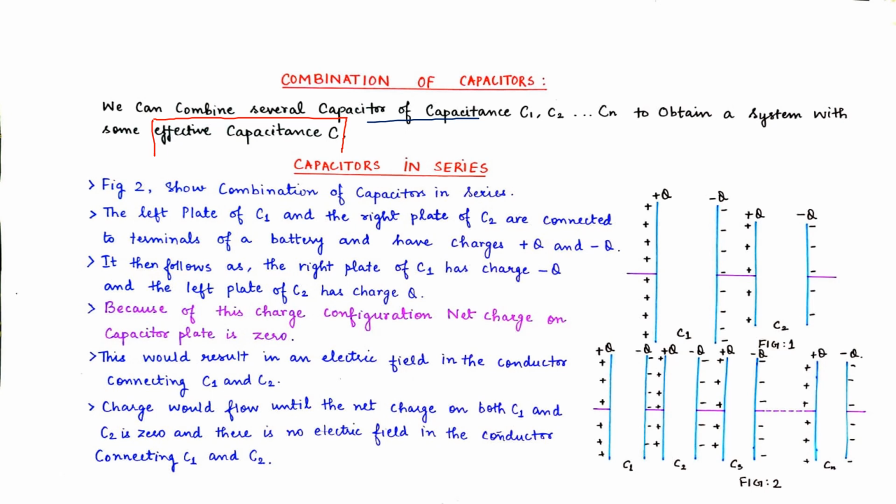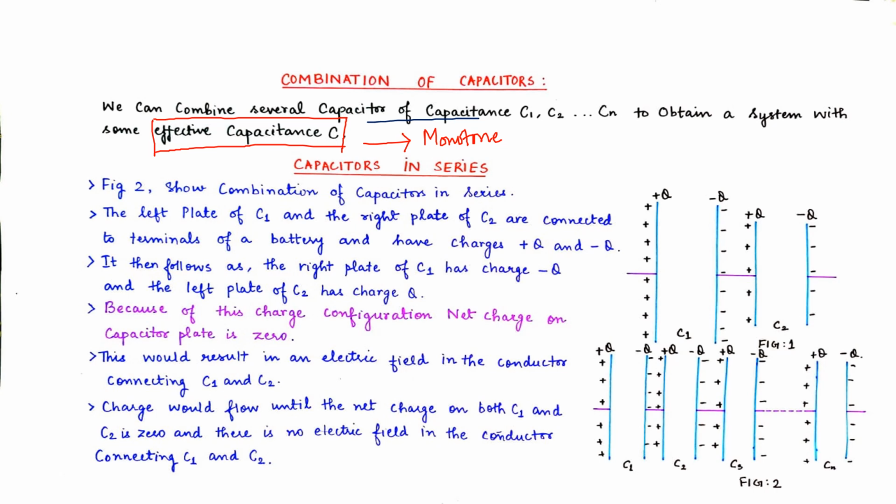We want to get some effective capacitance C which is either bigger or smaller than C1, C2, C3, C4. So that when we have only one kind of capacitor, we can create more combinations and more variability in the capacitance storage.